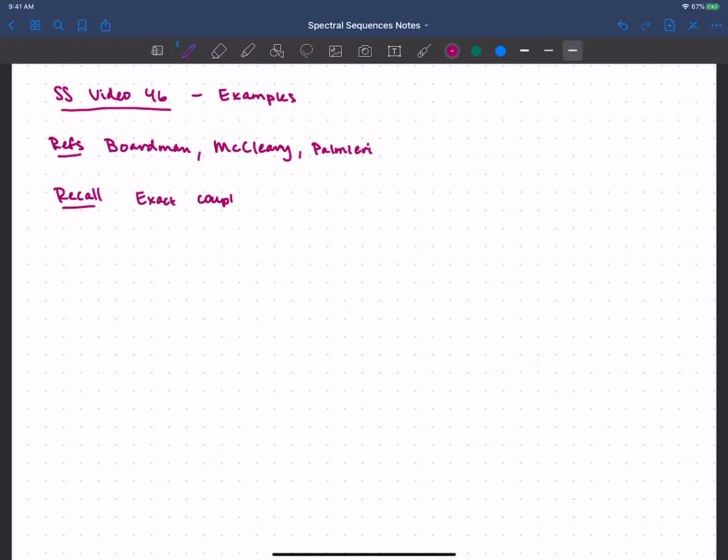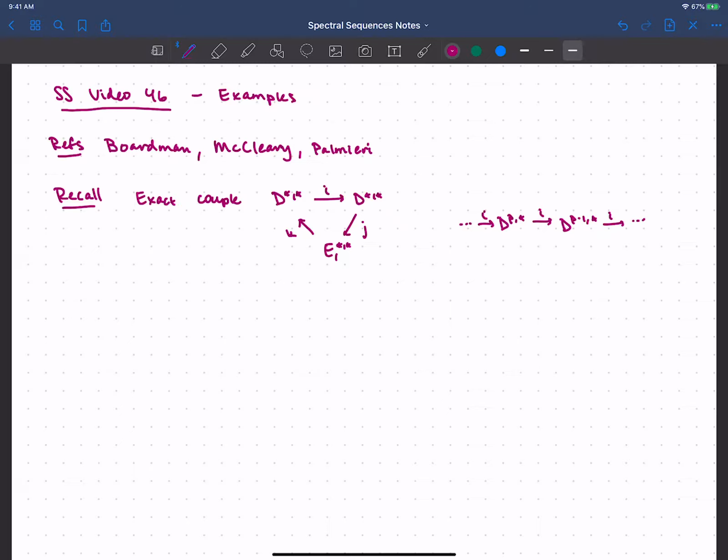We had an exact couple, and that looked like maybe some bigraded groups, D, the map between them, or map back to itself, I, and we had E1 star star, and that was J, and that was K. And let's see, then we had D_P star maps via I to D_{P-1} star, and so on.